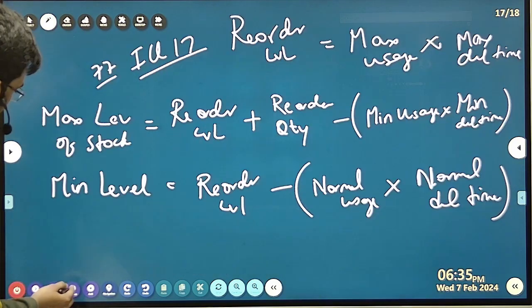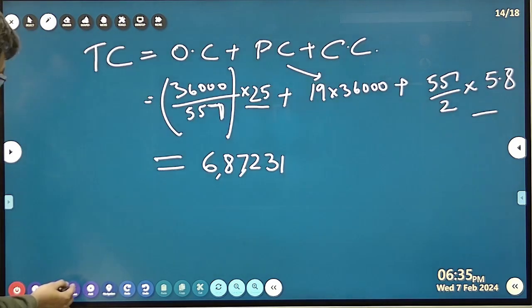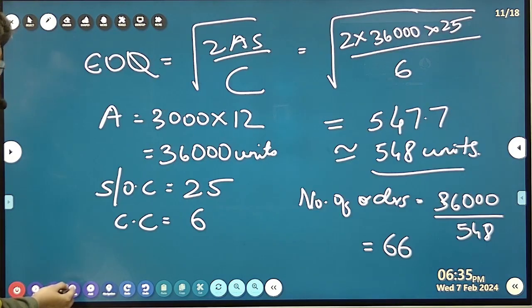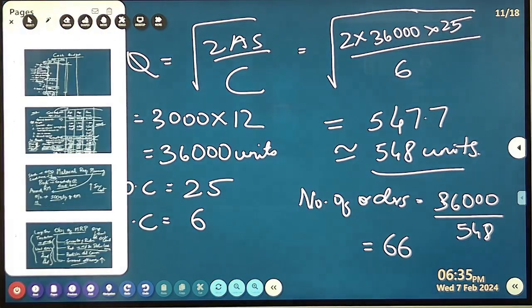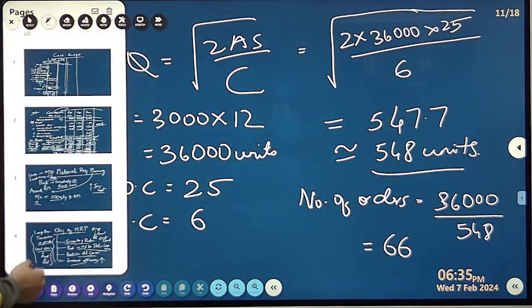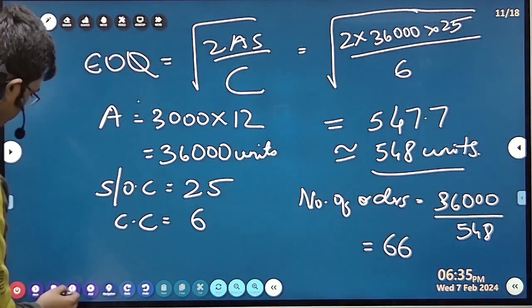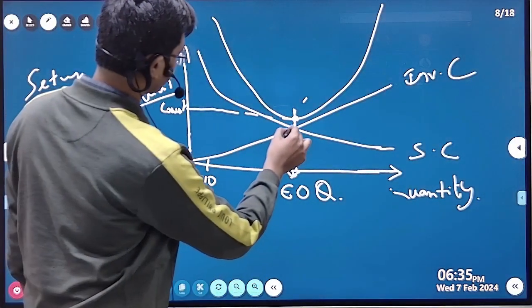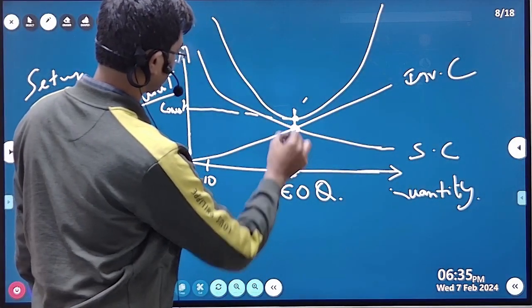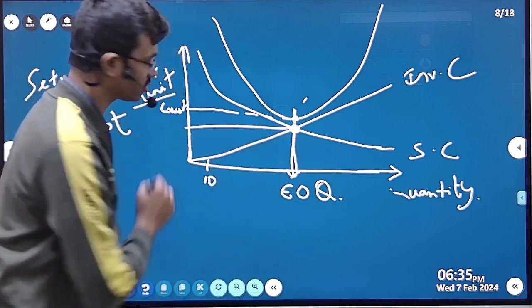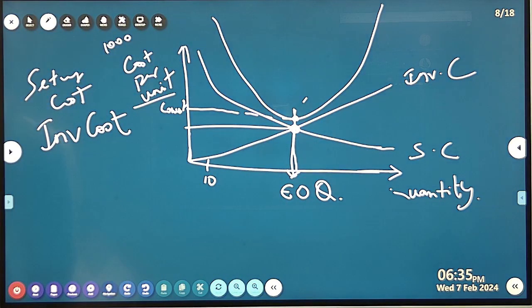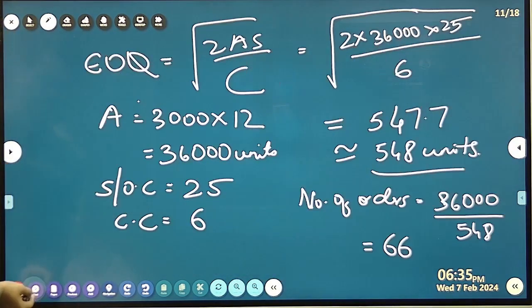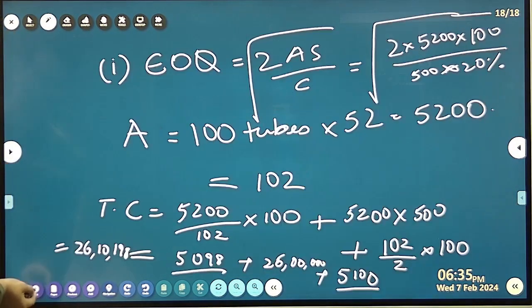So if you take a look at that graph which we have seen, this is at this level, right? So at this level the cost is same. Because those two are equal, only we are getting the minimum EOQ.